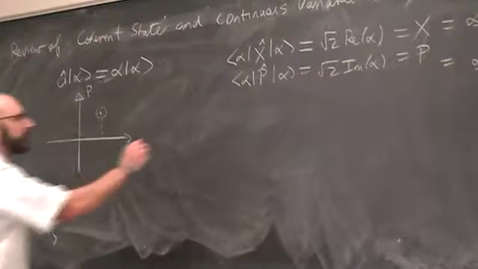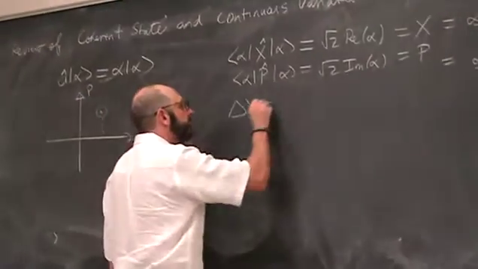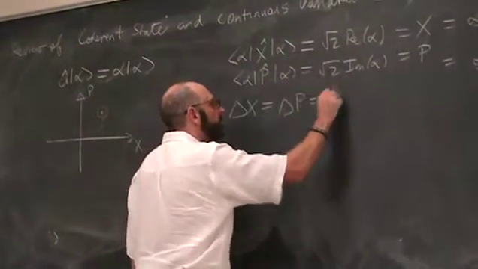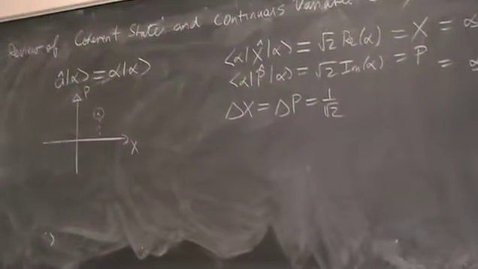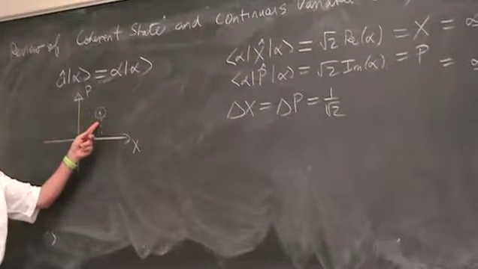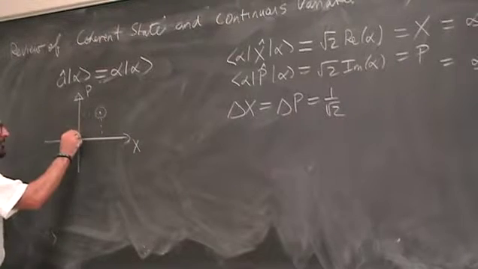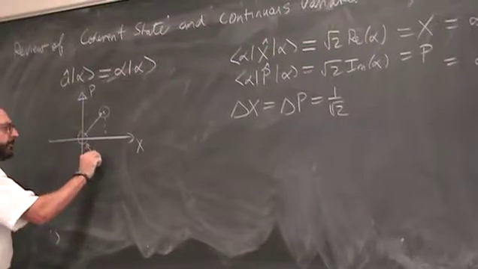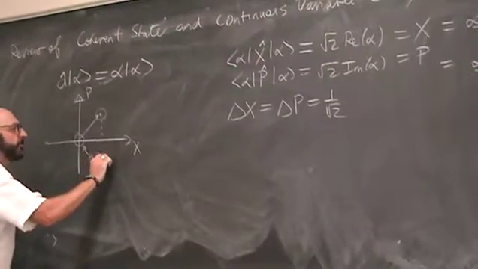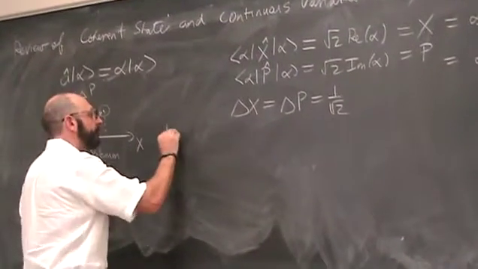The fluctuations in this, as we said at the beginning of the lecture, were both equal, one over 2. This state is in fact a displaced version of the vacuum. The vacuum, of course, is an example.